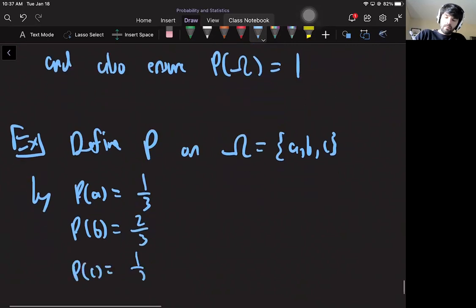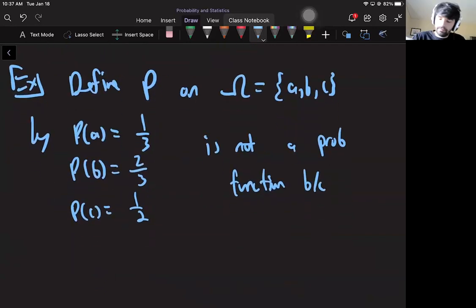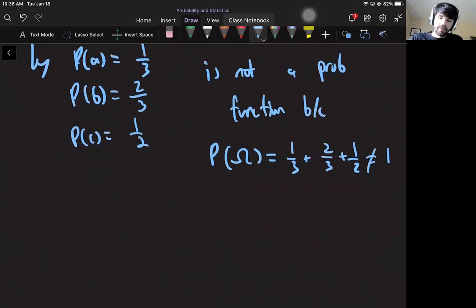But this guy is not a probability function because the total sum will not be 1. It'll be 1/3 plus 2/3 plus 1/2. Which I don't know what that is, but it's not 1. I guess it's 1.5. So it's not a probability function.